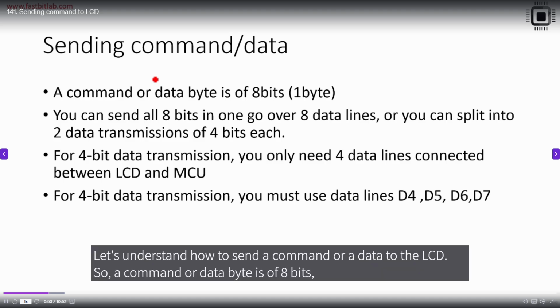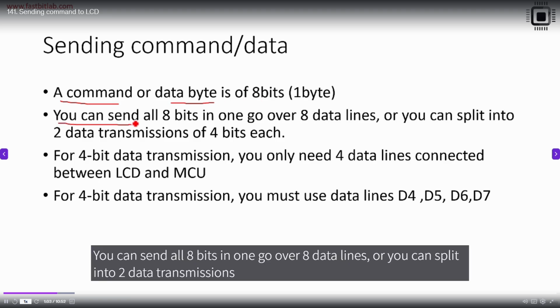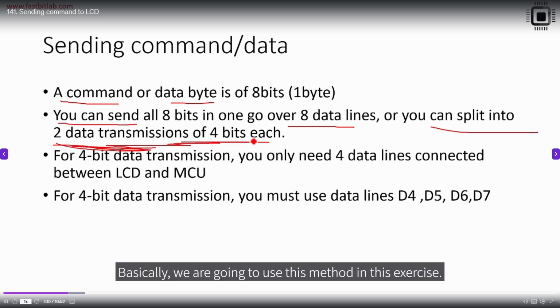Let's understand how to send a command or data to the LCD. A command or a data byte is 8 bits, that is 1 byte long. You can send all 8 bits in one go over 8 data lines, or you can split it into 2 data transmissions of 4 bits each. Basically, we are going to use this method in this exercise.